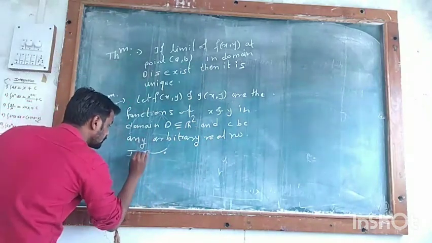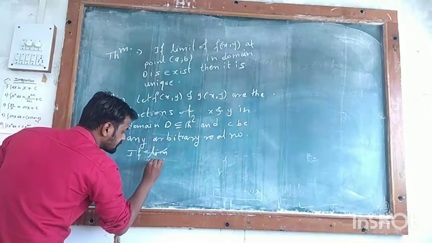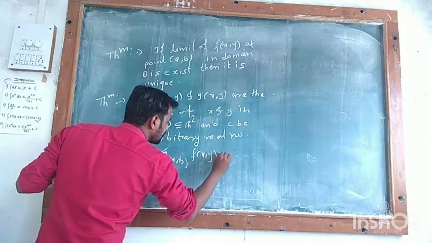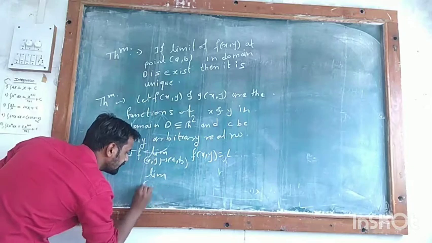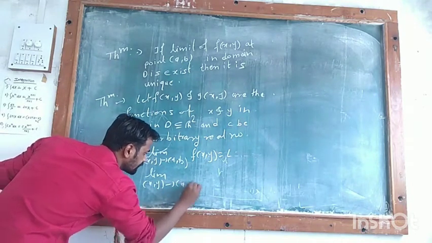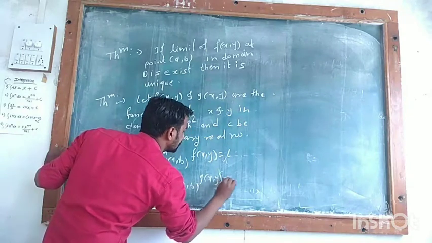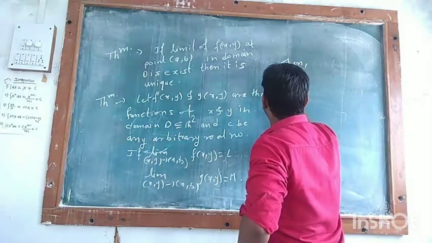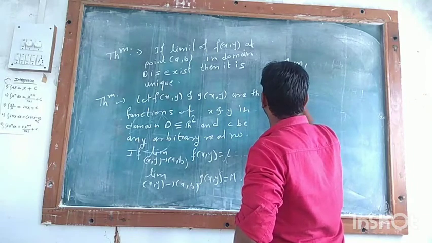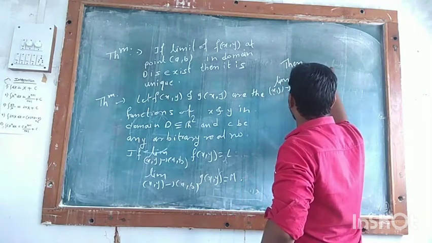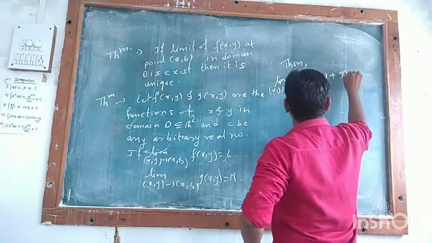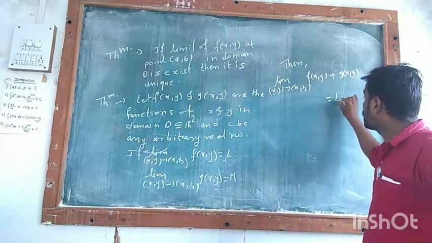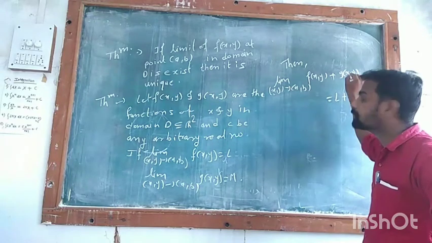If the limit as xy tends to AB of f of xy is equal to L, and the limit as xy tends to AB of g of xy is equal to M, then the limit as xy tends to AB of f of xy plus g of xy is equal to L plus M. That is, limit distributes over addition.